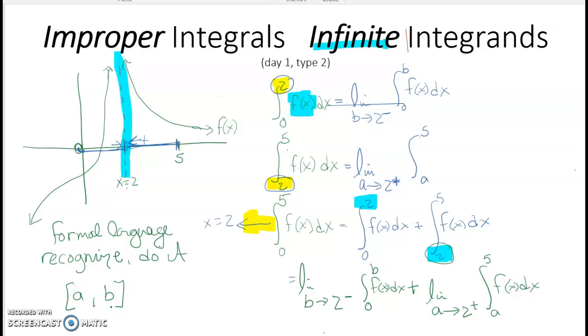That way I just need to know which one I need to replace. So you look for your problem child, figure out where you need to replace, and you know that you're always going to be approaching A from the right side, and you're going to be approaching B from the left side, because that is what would give you that continuous interval.